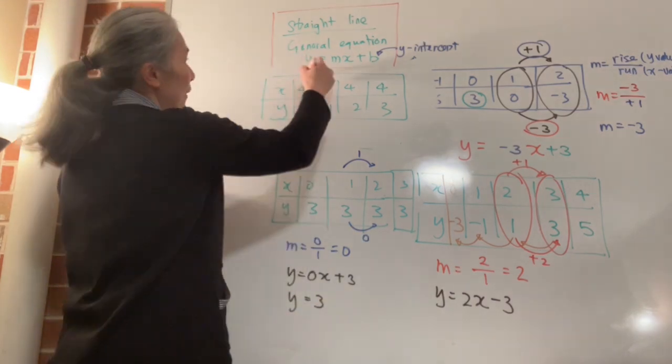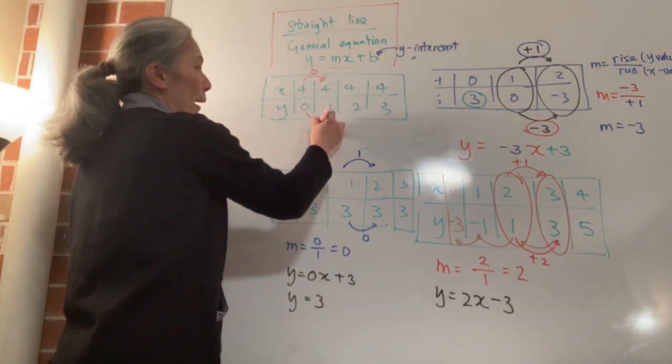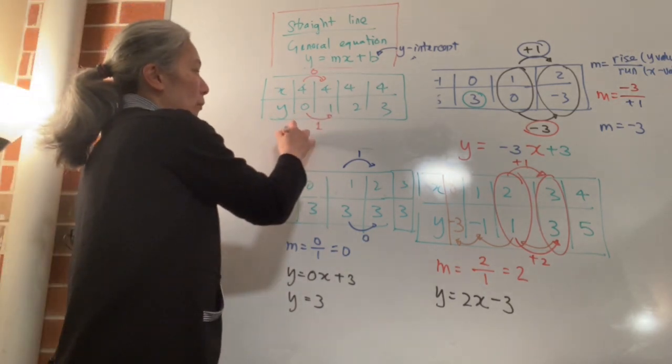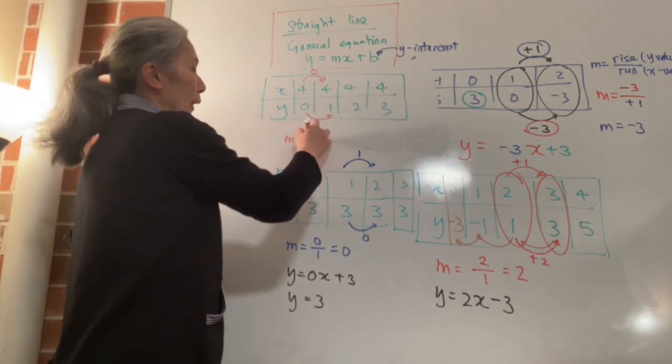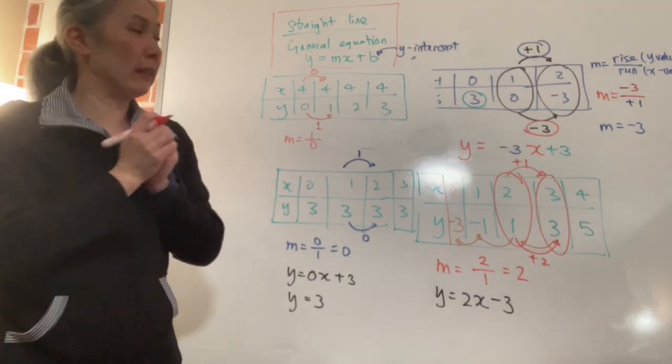Each time you go up by 0 across, and each time you will go up by 1. So now you look at it: m equals 1 over 0. 1 over 0 is undefined.